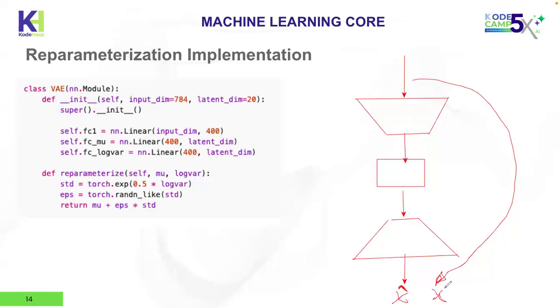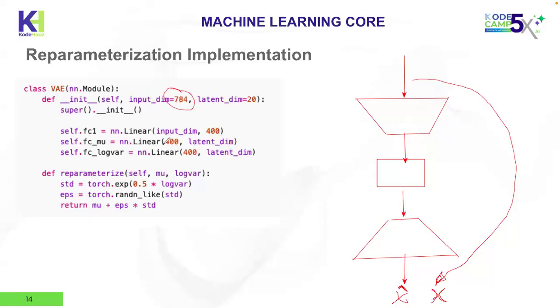And remember, we said the cost function is using the Kullback-Leibler KL divergence loss plus the reconstruction loss. So with this, you can see that you have the linear layer, which is the input dimension. You have this input dimension and it goes to a kind of hidden layer, that's 400.